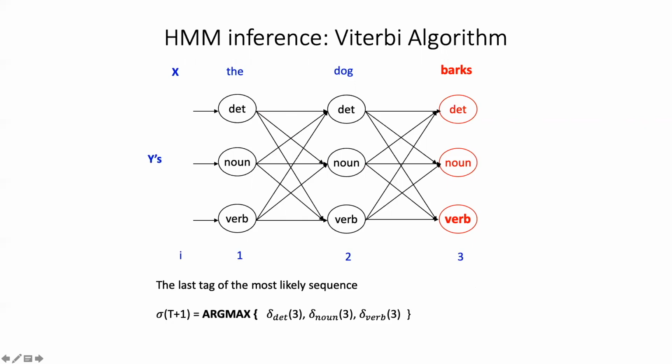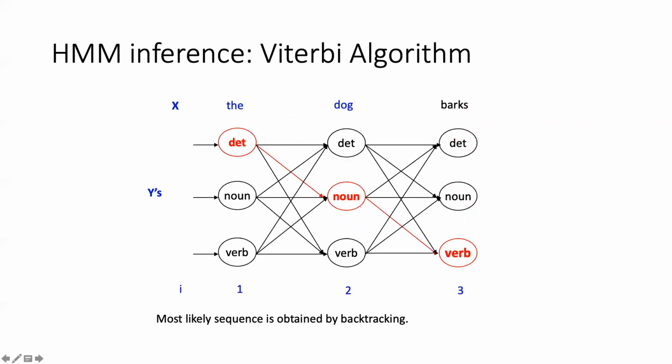After obtaining this, we try to find the previous best path, and going further backward, we can decode the whole possible state sequence. So this is the inference algorithm in Viterbi. This is similar to the dynamic programming you might already be familiar with.